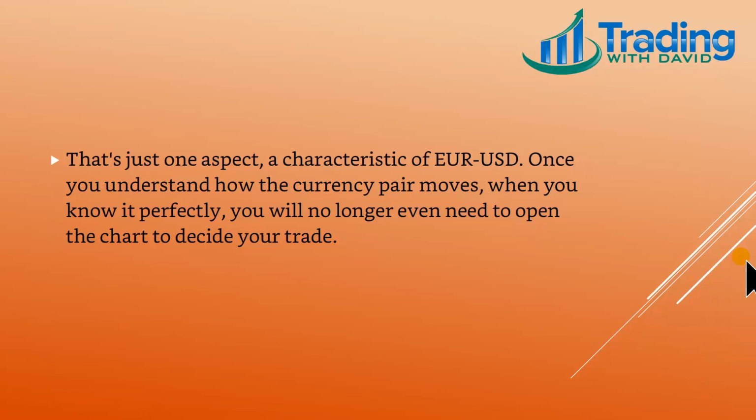That's just one aspect, a characteristic of Euro-US dollar. Once you understand how the currency pair moves, when you know it perfectly, you will no longer even need to open the chart to decide your trade.